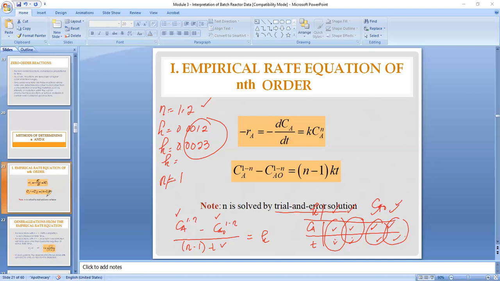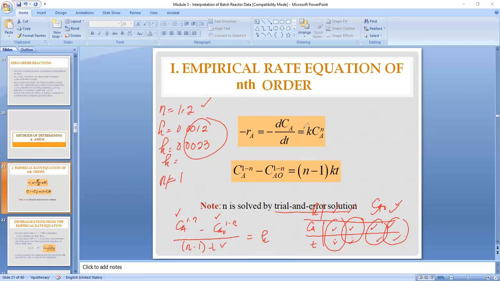Okay? So this is how you use the empirical rate equation of nth order in determining the order of the reaction, or specifically both the order and the rate constant, from a set of empirical data.